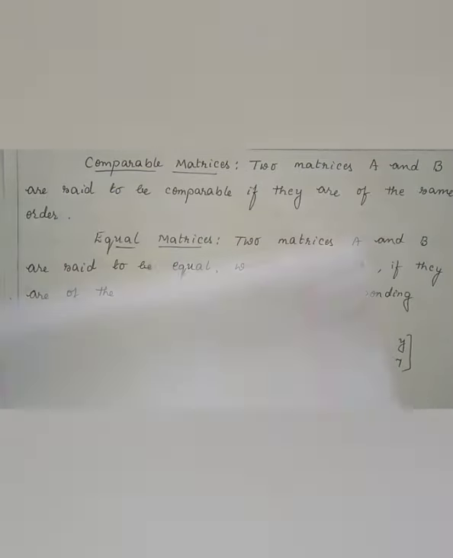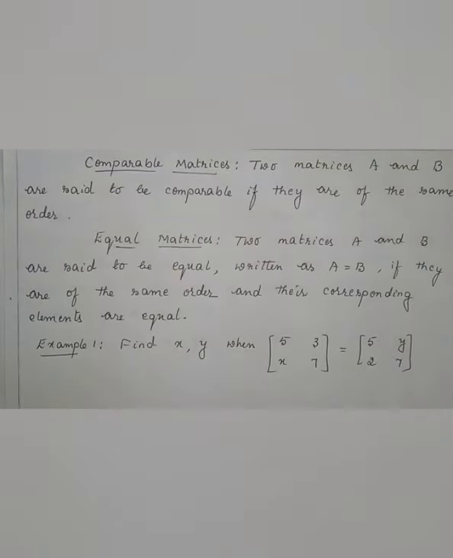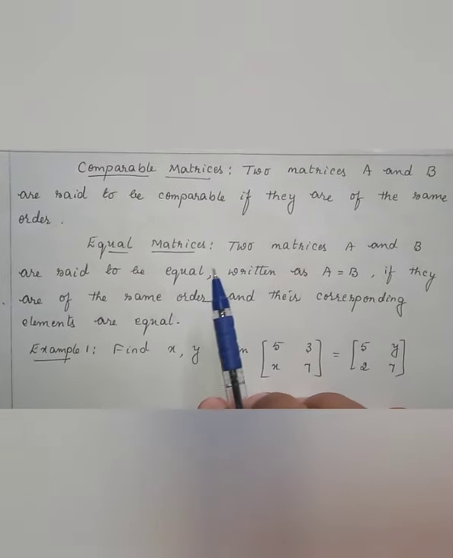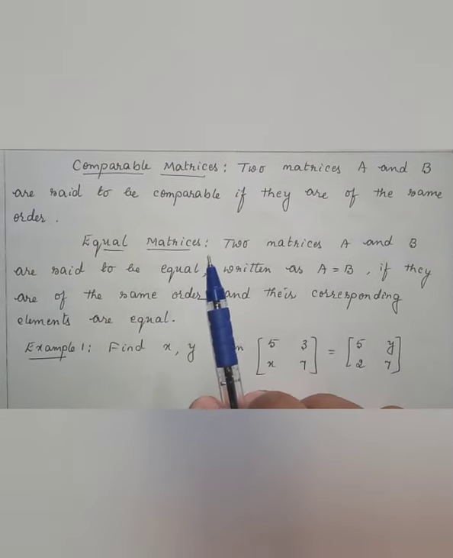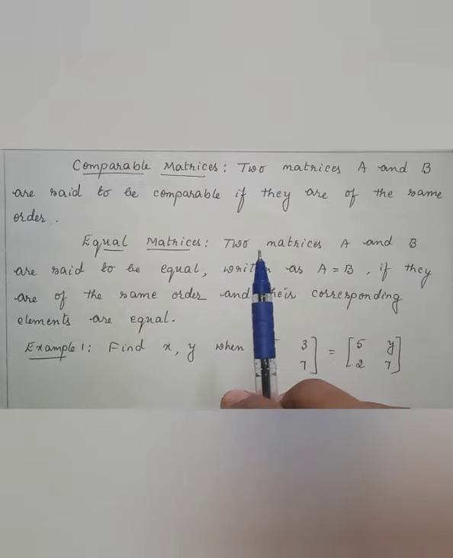Before going to operations on matrices, we will discuss two more topics. First one is comparable matrices. What do you mean by comparable matrices? To compare matrices, we have to consider two matrices.